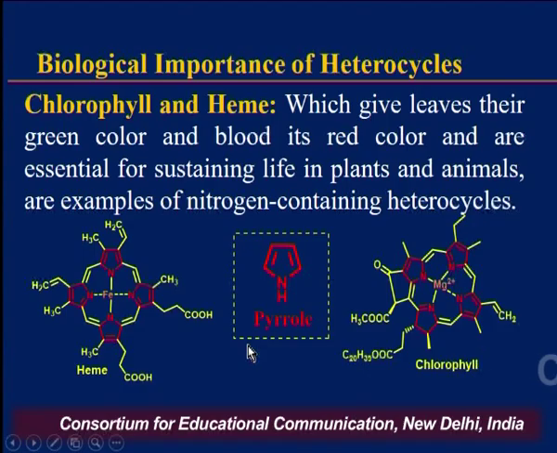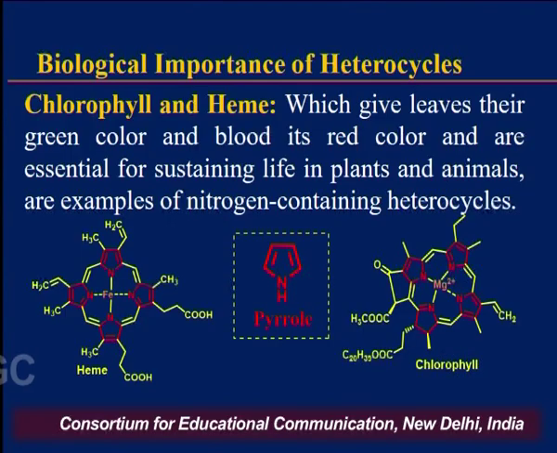Another application of these heterocyclic compounds can be seen in chlorophyll and hemoglobin. We know very well that chlorophyll is responsible for the green color of leaves and hemoglobin is responsible for the red color of blood, and both these molecules are essential for sustaining life in plants and animals.